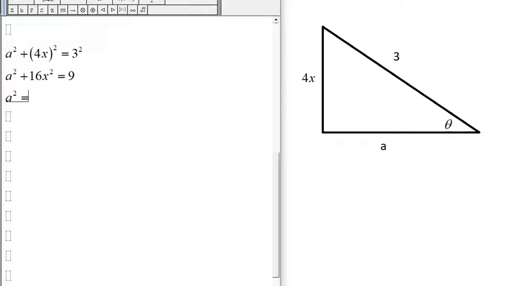Or a squared is equal to 9 minus 16x squared. And then take the square root of both sides. We get a to be the square root of 9 minus 16x squared. And so the adjacent side here will be the square root of 9 minus 16x squared.